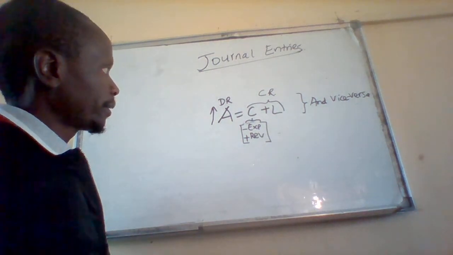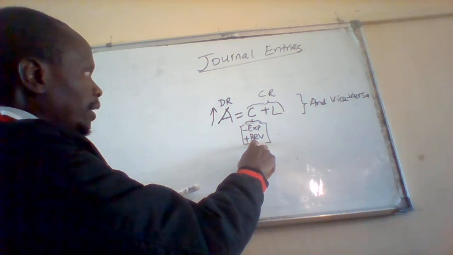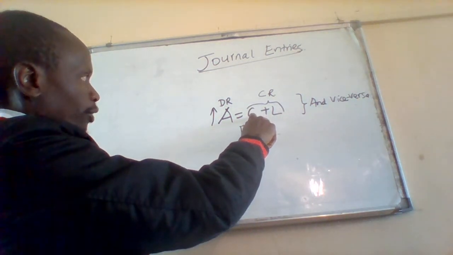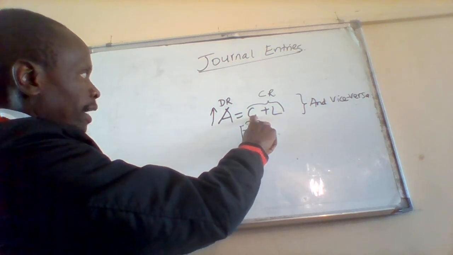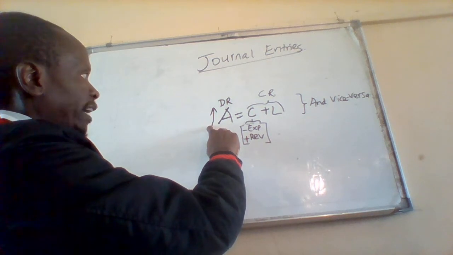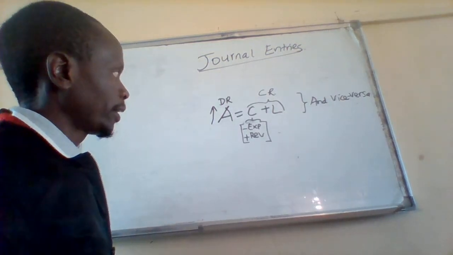Let me take it up again. Revenue increases capital or owner's equity. And when owner's equity increases, it is a credit entry. We are expected to do a credit entry.